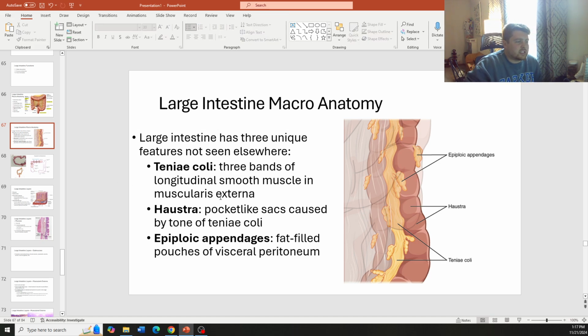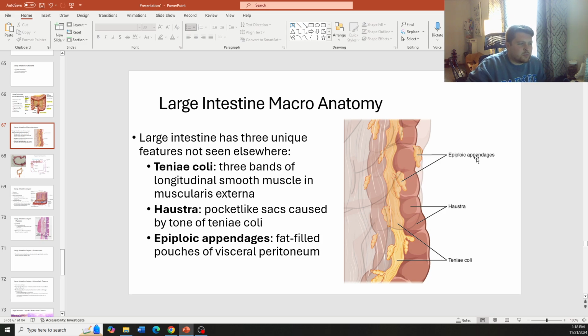These muscles are slightly shorter than the rest of the tissue, and so it creates these pockets, these pocket-like sacs, that we call haustra. And then we also have these little appendages coming off. These are fat-filled pouches that are called epiploic appendages.